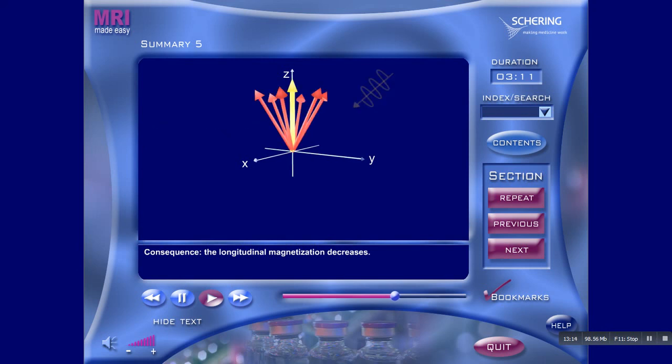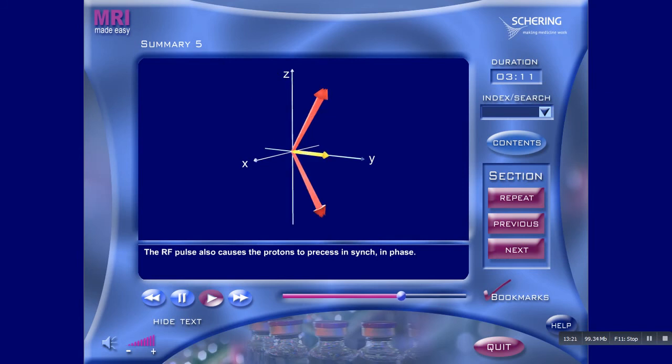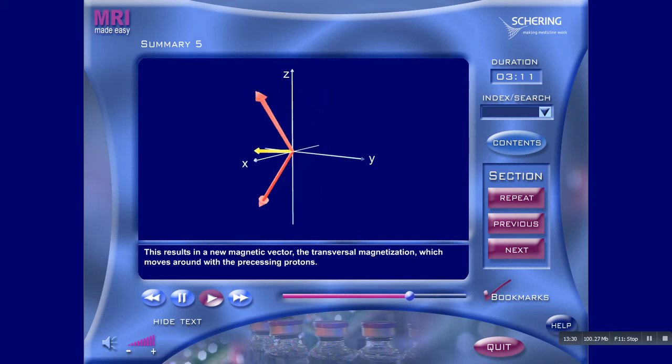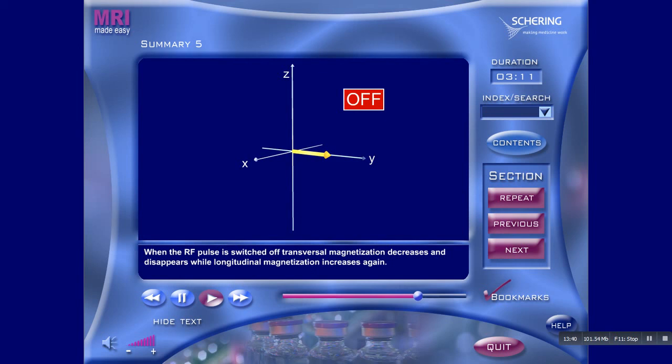The RF pulse also causes the protons to precess in sync, in phase. This results in a new magnetic vector, the transversal magnetization, which moves around with the precessing protons. When the RF pulse is switched off, transversal magnetization decreases and disappears, while longitudinal magnetization increases again.